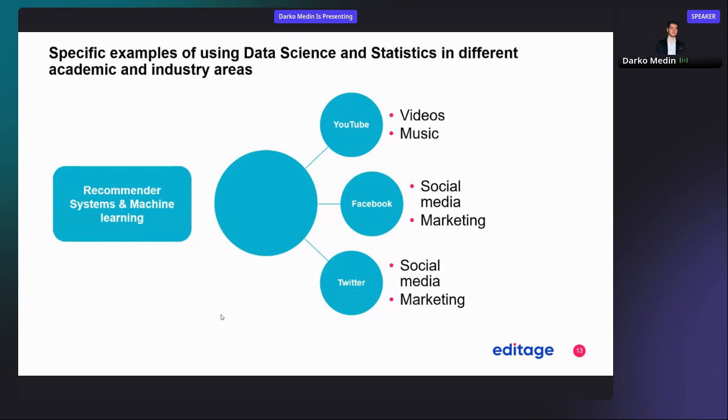It's very important to consider what tools and what programming languages are used in data science and statistics, but also the computer science part.